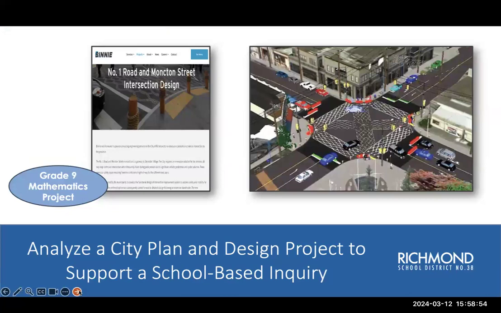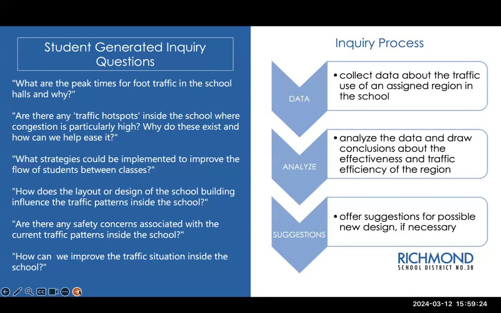Another thing that you can do is start to make some links to bigger forms of instruction like inquiry. This is something that a grade 9 class in our district is exploring. They're looking at the plan and design of a crosswalk in Richmond, at Steveston and No. 1 Road, and read up on why this design was created by the city, but then started to really think about how that applies to our context.